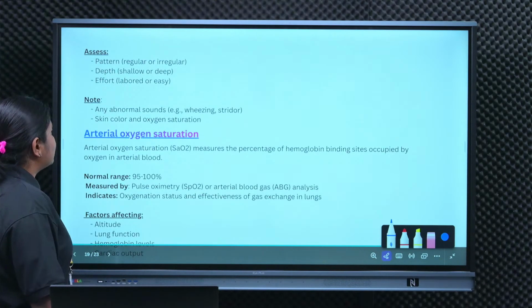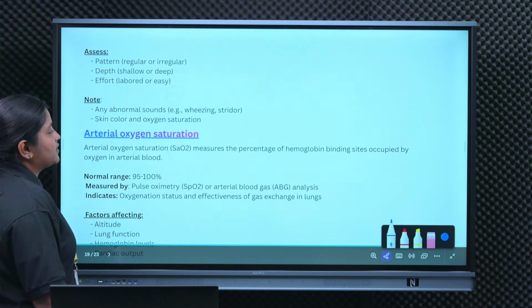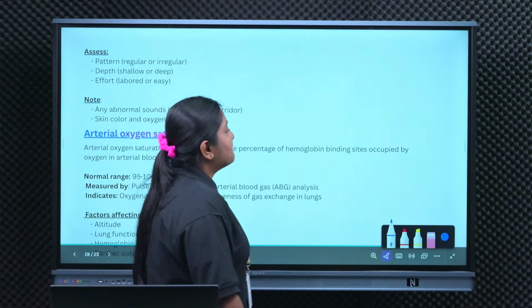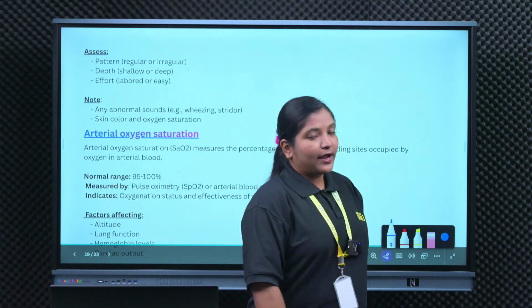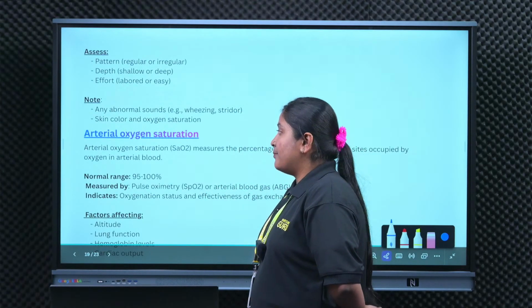The next one is arterial oxygen saturation. Arterial oxygen saturation, SaO2, measures the percentage of hemoglobin binding sites occupied by oxygen in the arterial blood, okay.